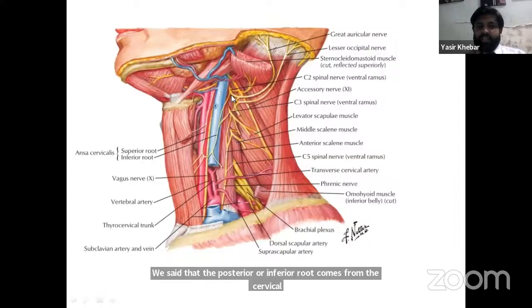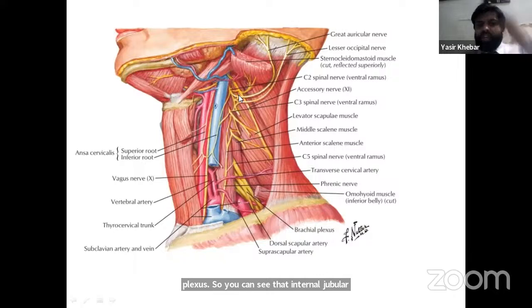So you can see that the internal jugular vein is actually posteriorly related to various nerve structures. Now I'm going to describe these nerve structures. It is posteriorly related to this structure, this nerve that is coming out of the middle scalenus muscle. This is anterior scalenus. This is middle scalenus. So this is the cervical plexus coming out of middle scalenus. Inferiorly, we have got the brachial plexus in between the anterior and middle scalenus.